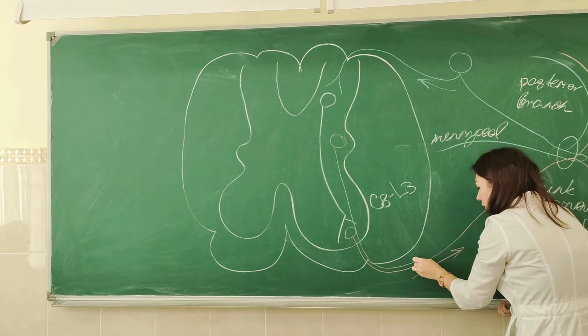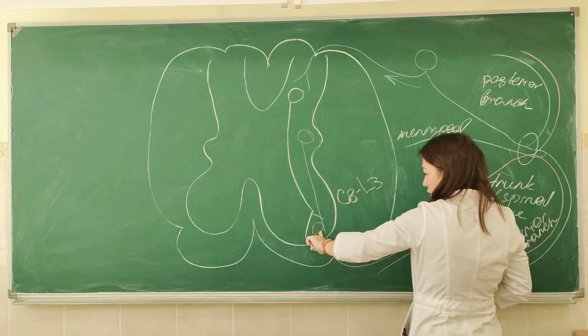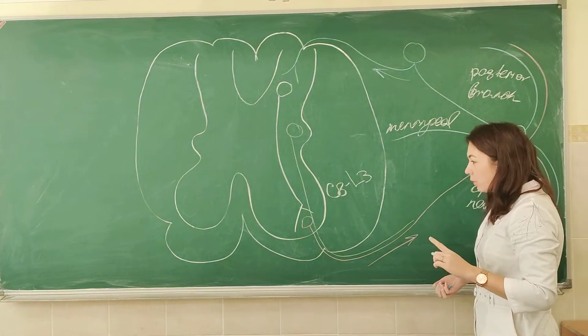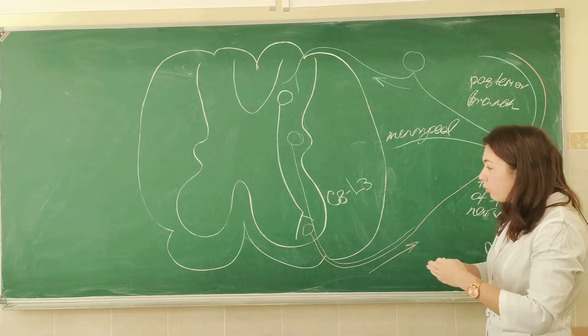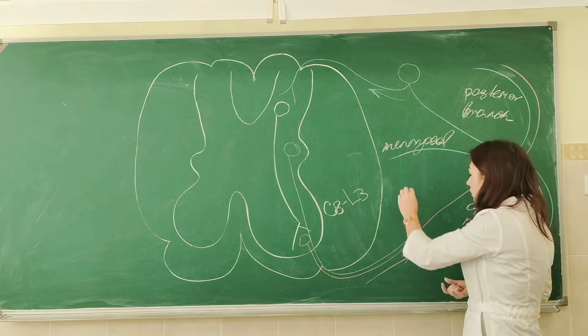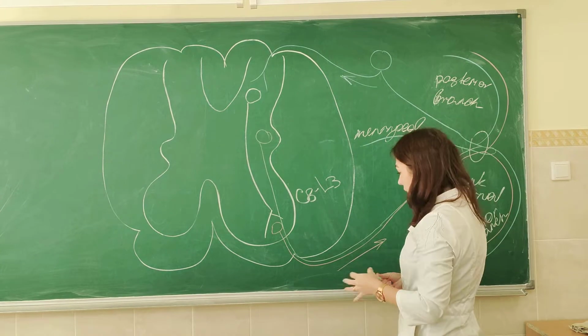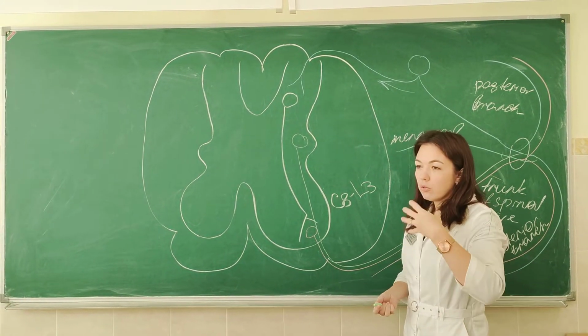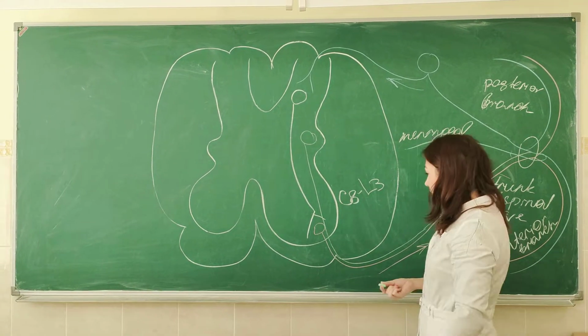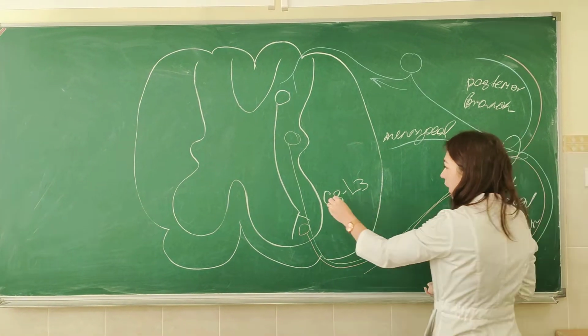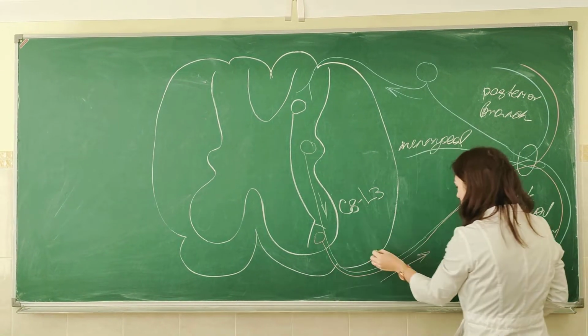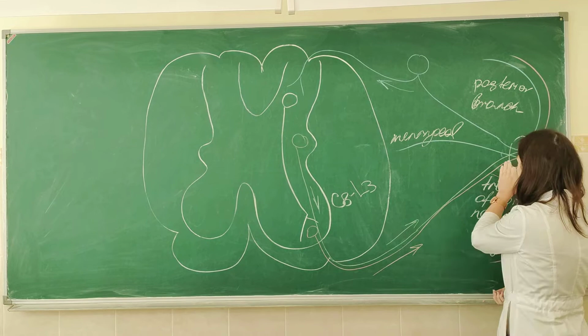They are also motor fibers, but these are somatomotor fibers, which are responsible for movement of skeletal muscles, for voluntary movement, yes? And these are visceral motor fibers, which are responsible for contraction and relaxation of smooth muscular tissue. Also these fibers transmit impulses from the CNS.